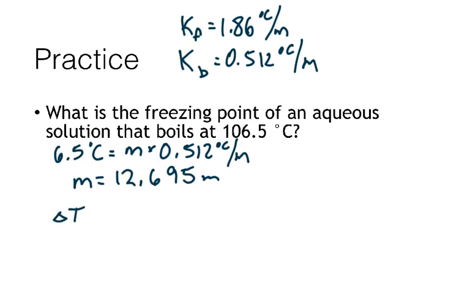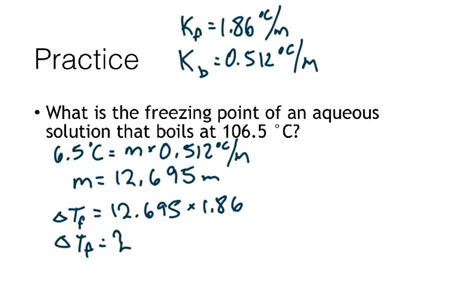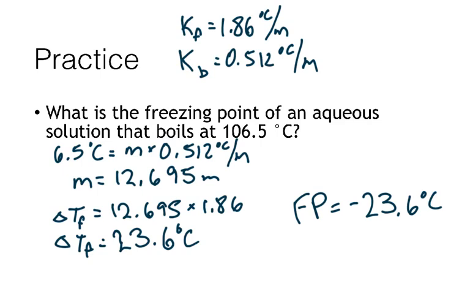So my delta T for my freezing point is my 12.695 times 1.86. So my delta T for my freezing point is 23.6 degrees Celsius. So my new freezing point is negative 23.6 degrees Celsius.